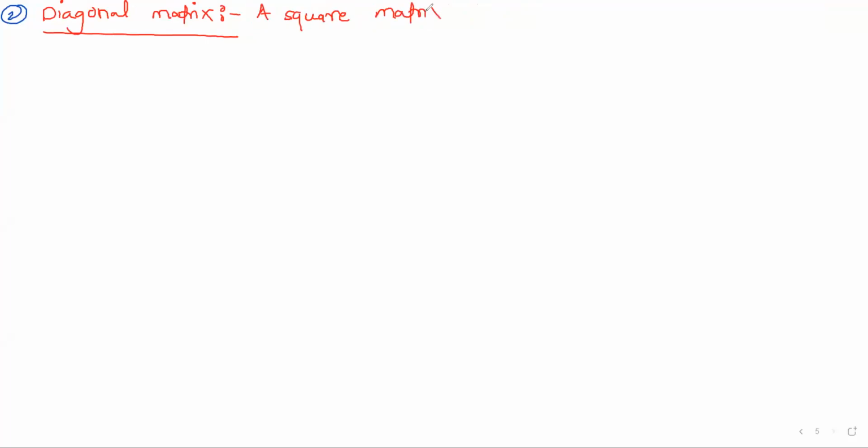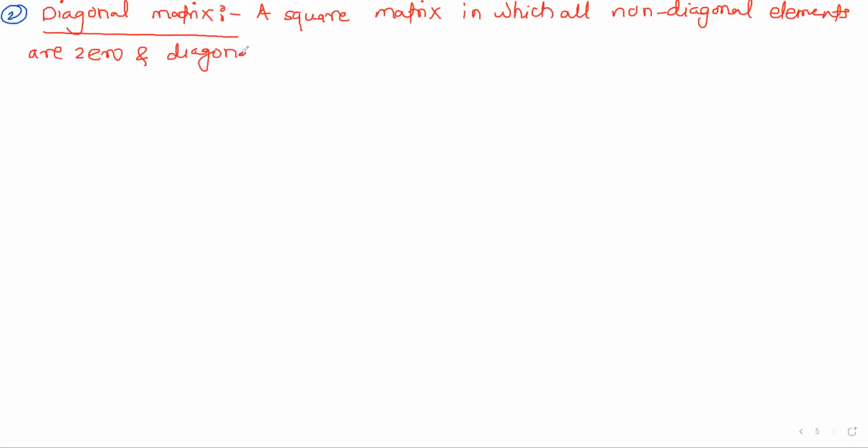A square matrix in which all non-diagonal elements are 0, and diagonal elements are either non-zero or 0, right?